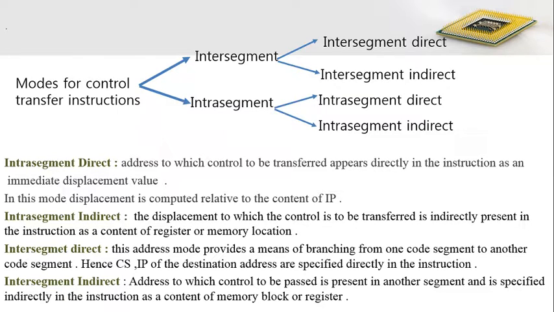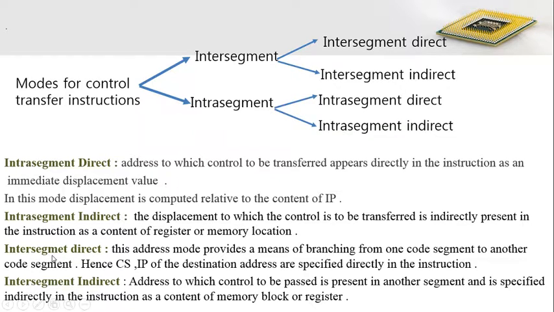So we don't need to consider the code segment address, because the code segment address of the current instruction and of the instruction to which we transfer the control are the same. But here it is an indirect method. That means the displacement value is indirectly represented in the instruction as the content of a memory location or the content of a register. Okay. Next, about the inter-segment direct.